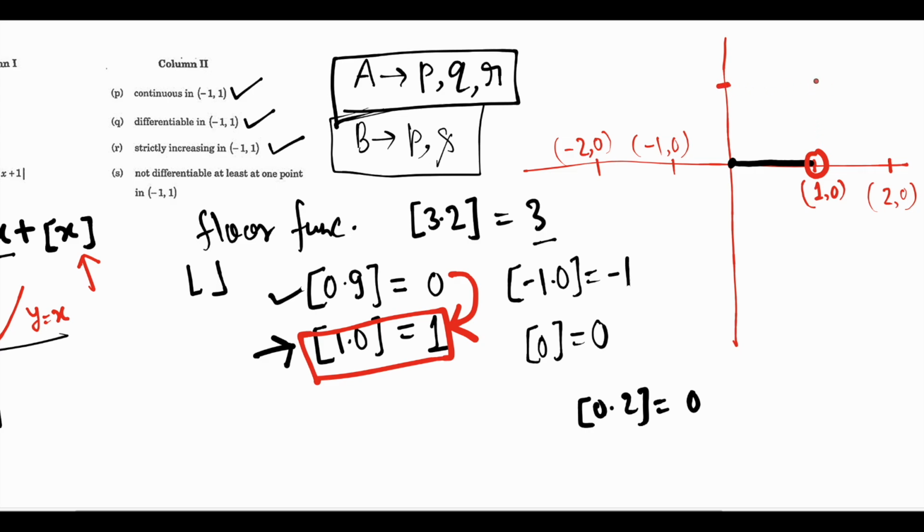And now let us see some more values to add to the plot. At 1, the value of the greatest integer function is 1, which we plot as a point, and then for 1.2 the floor function provides the greatest nearest integer, which is 1.